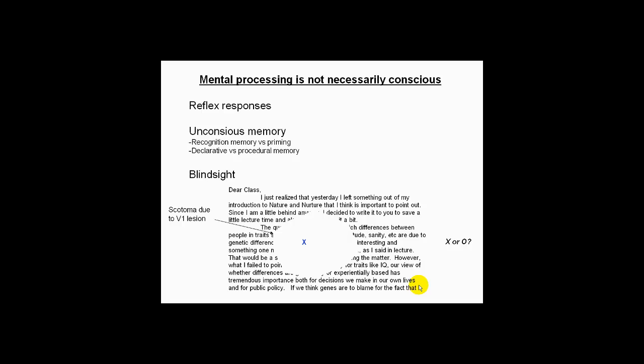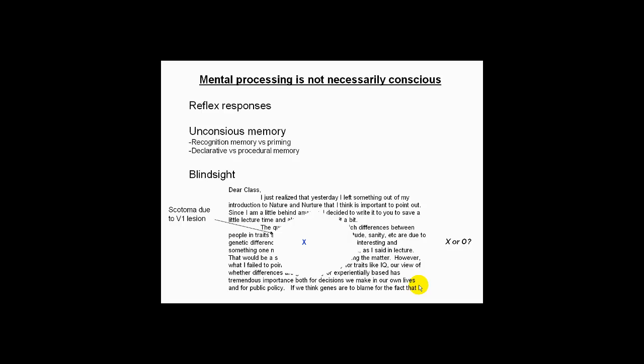Another example, which we'll talk about more next time, is the distinction between what's called declarative and procedural memory. As we will discuss, you have two somewhat separate memory systems, or two different sets of memory circuitry in your brain. One kind of memory is one in which your memories are conscious.